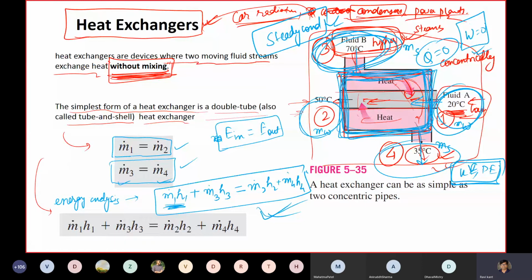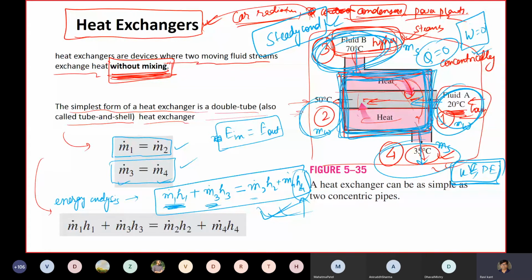You can actually design things. What is so good about designing? You can control your mass flow rates, and in order to control your mass flow rates, you can design what temperature you want.